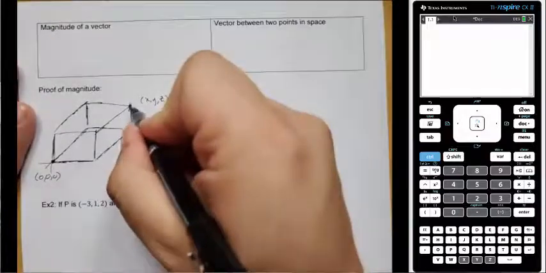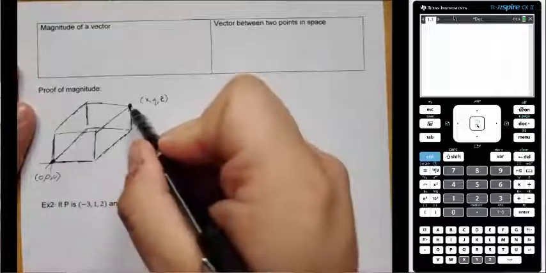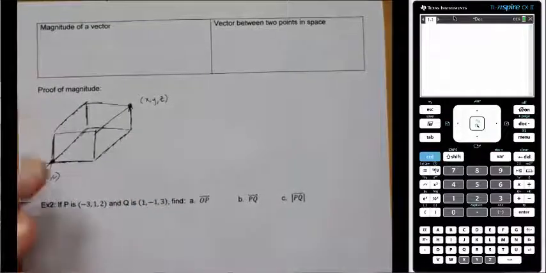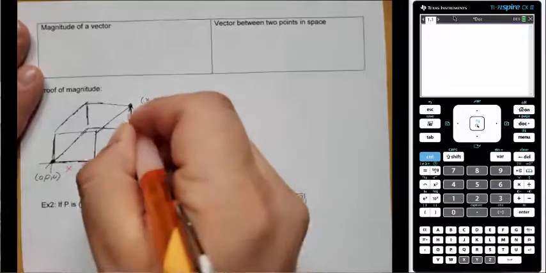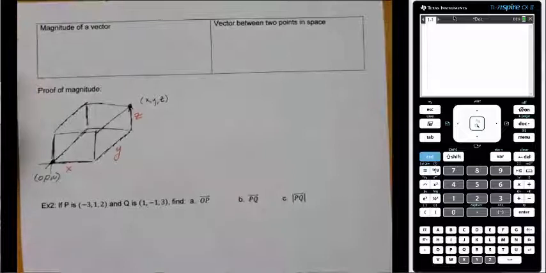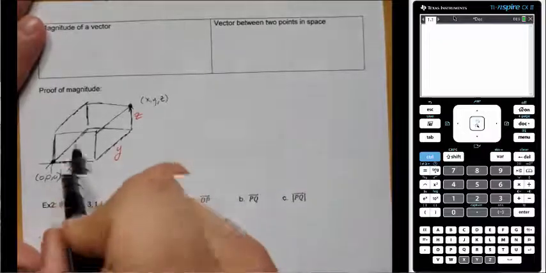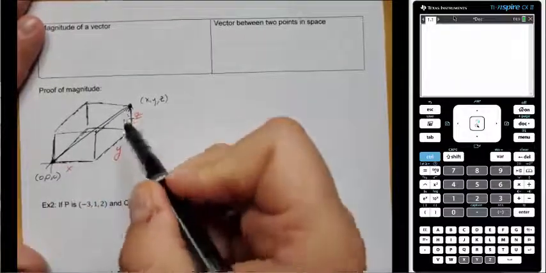So what we're doing is trying to move from corner to opposite corner in this picture by following an x distance, a y distance, and a z distance. And what we're really finding, to find the magnitude of a vector that goes from the origin to this point, is the length of this diagonal of this cube.